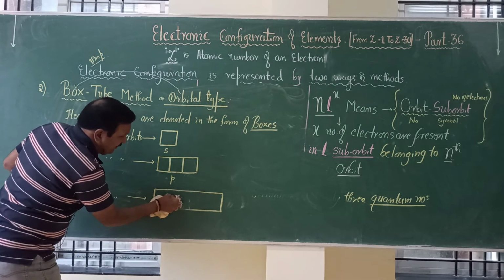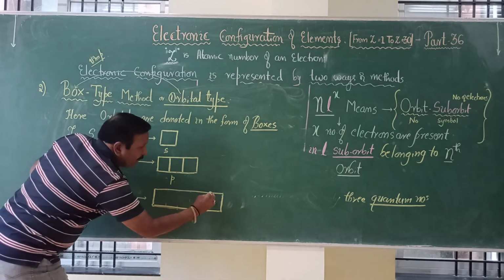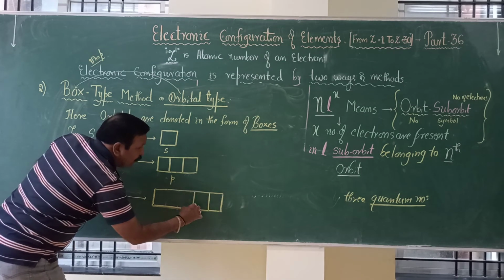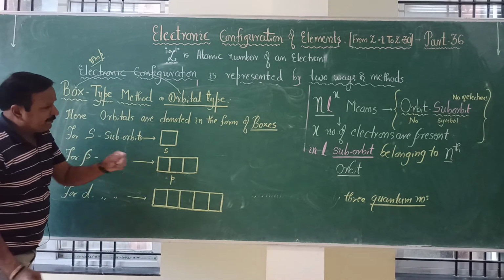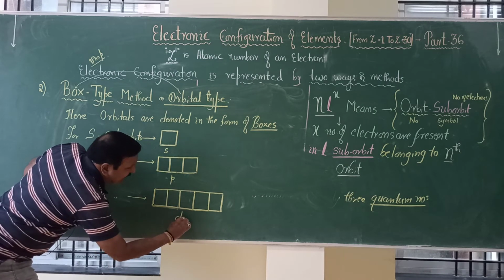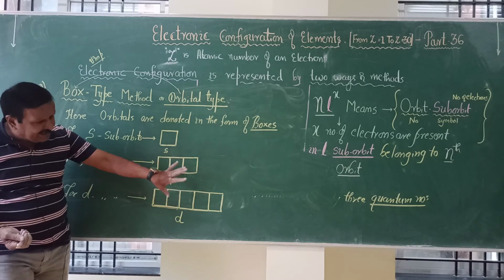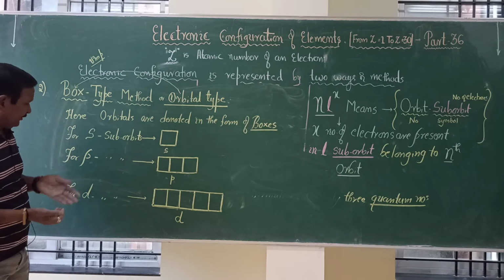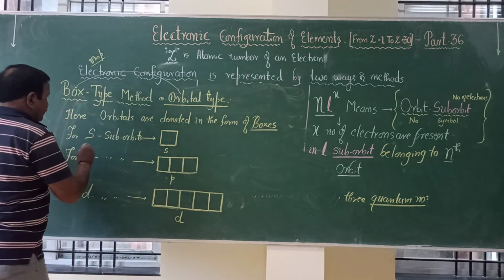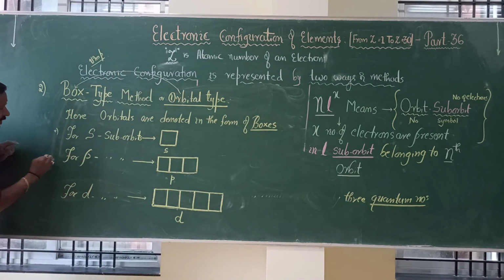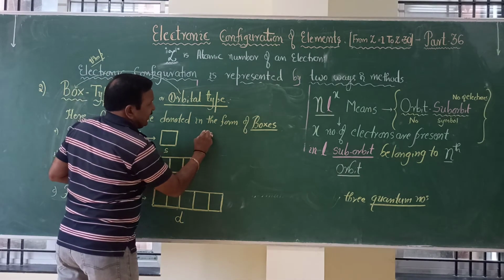Let us try as much as possible. This represents any d orbital starting from 3D. 3D same shape, 4D same shape, 5D same shape, 5 boxes. Okay?